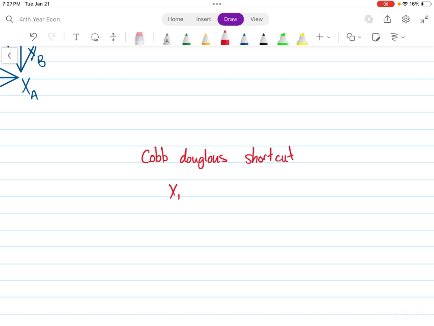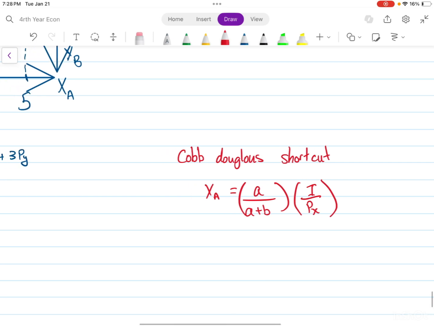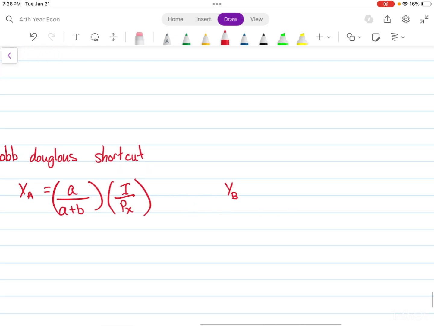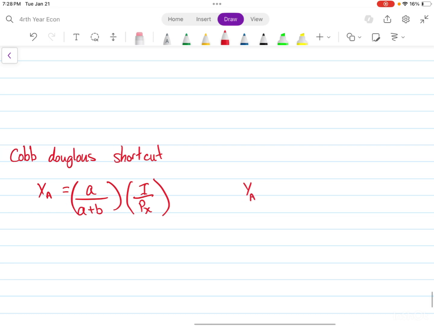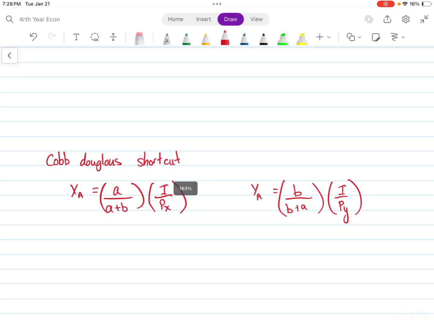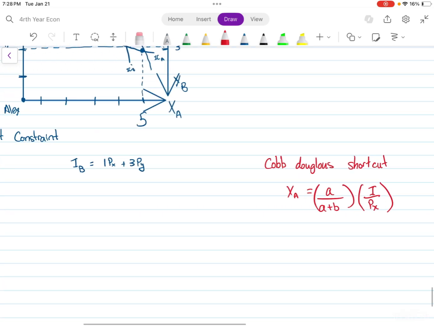If we want to find the demand function for good X, it's term A over A plus B multiplied by the income over the price of X. And to find the demand function for Y, you take term B over B plus A and multiply that by I over PY. We'll take a look at what that looks like in an example.